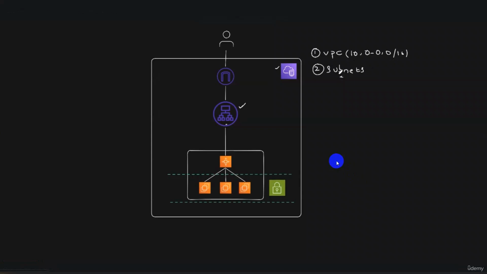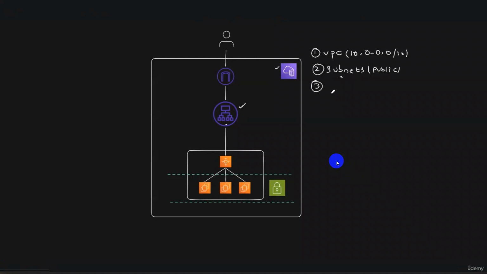That's why we will create two subnets. And we will make these subnets public because we will also try to connect to the instances. So to make the subnet public, by default in AWS, subnets are not public. You have to associate the destination route that is attached to the subnet to internet gateway.